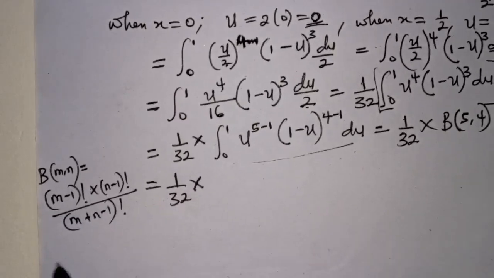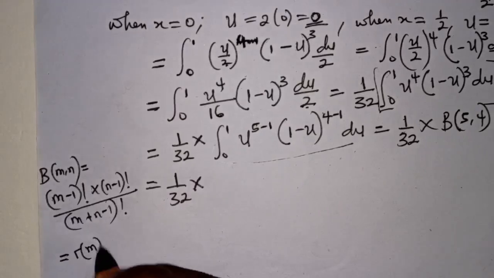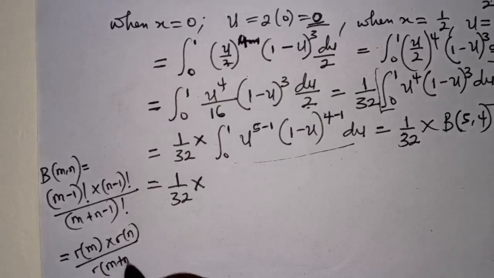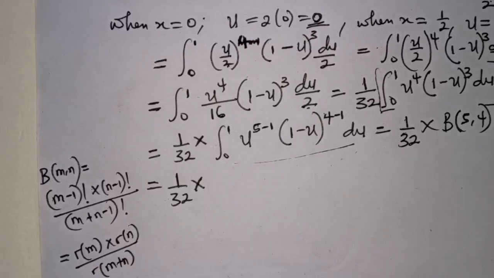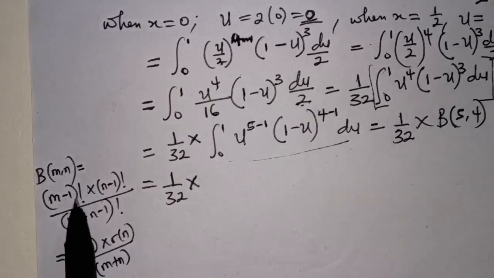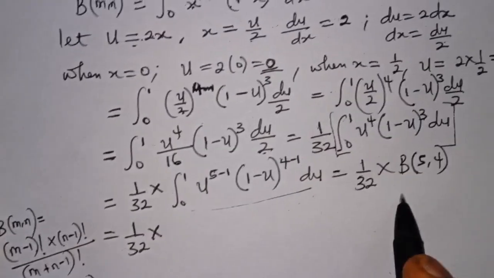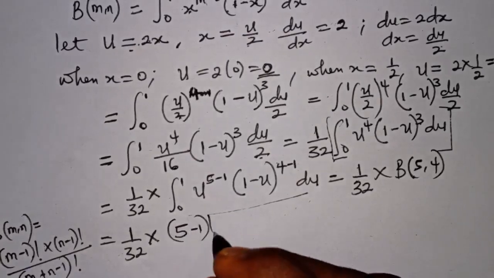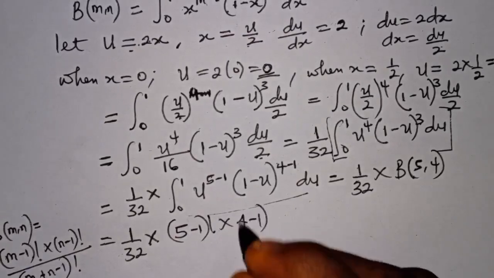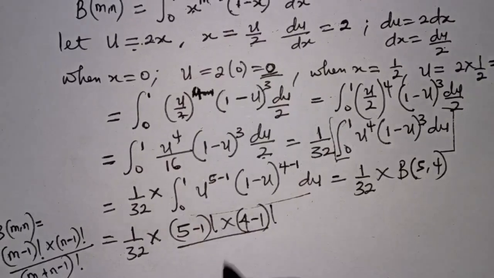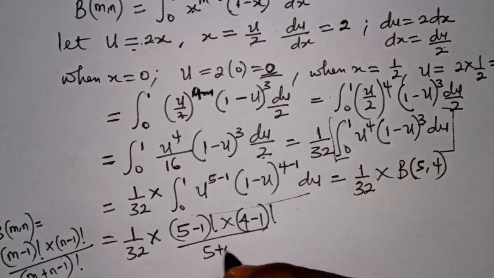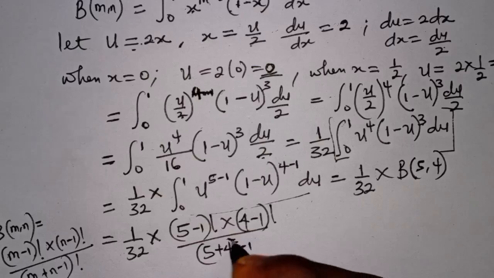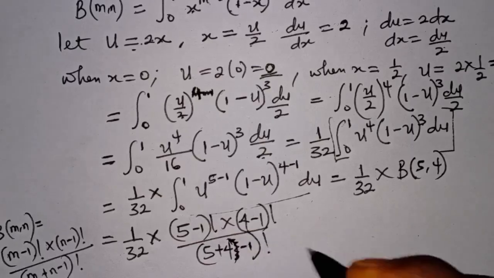And I said this is also equal to gamma of m times gamma of n divided by gamma of the sum of m and n. So whichever one I choose to use, I can solve. Let me use this. So beta of 5 and 4 will be equal to 5 minus 1 factorial times 4 minus 1 factorial divided by 5 plus 4 minus 1 factorial.